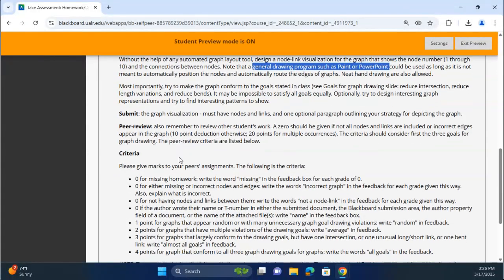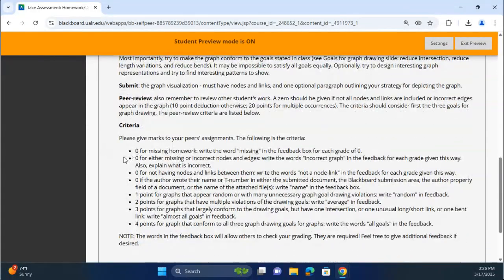There will be, like usual, peer review, but the criteria here is going to be the most objective criteria so far this semester. Homework 5 goes back to when I couldn't find an objective criteria for it.